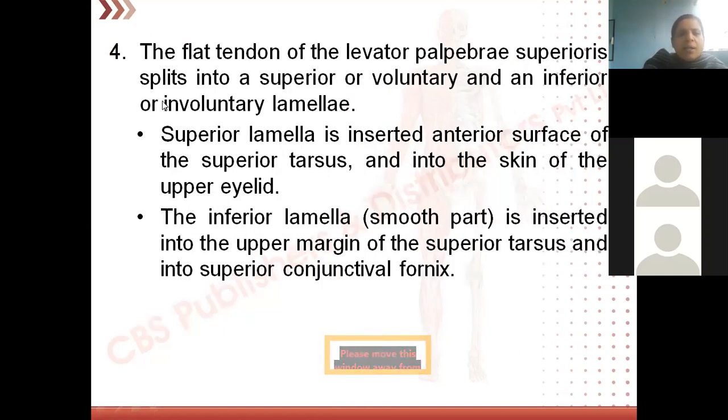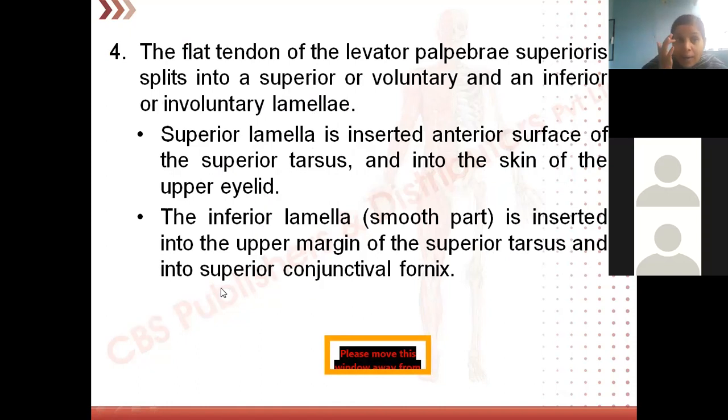Levator palpebrae superioris is actually splitting into two lamellae, superior and inferior lamella. Superior lamella, just simple things you try to understand, is inserted into the skin of the upper eyelid. Inferior lamella is inserted into conjunctiva.